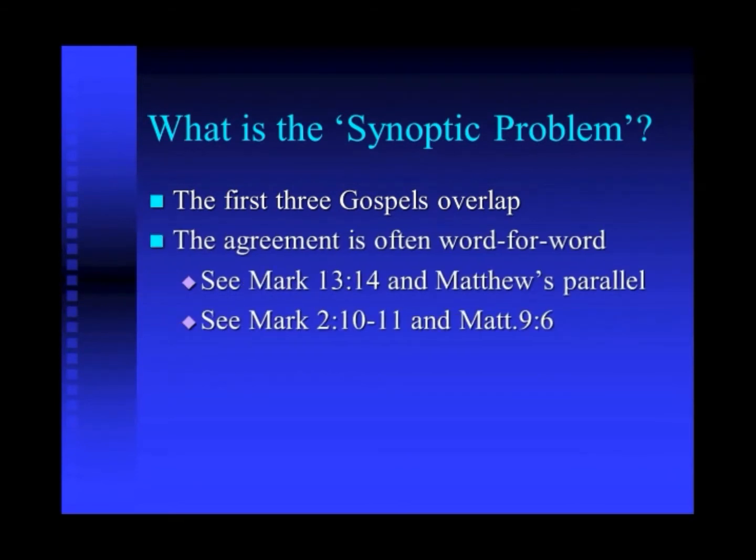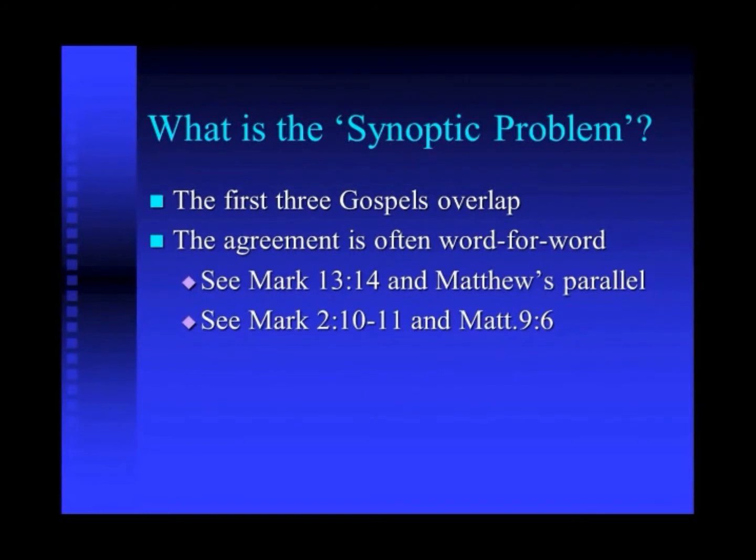And we looked at last time that there's word-for-word agreement, not only in some of the things that Jesus is reported to have said, like you'd expect people to pay close attention to that, repeat it over and over, get it fixed in a certain form, and maybe it could be remembered even orally. But even when it comes to narrator's comments, like 'let the reader understand,' or 'he turned and said to the paralytic,' or things like that.